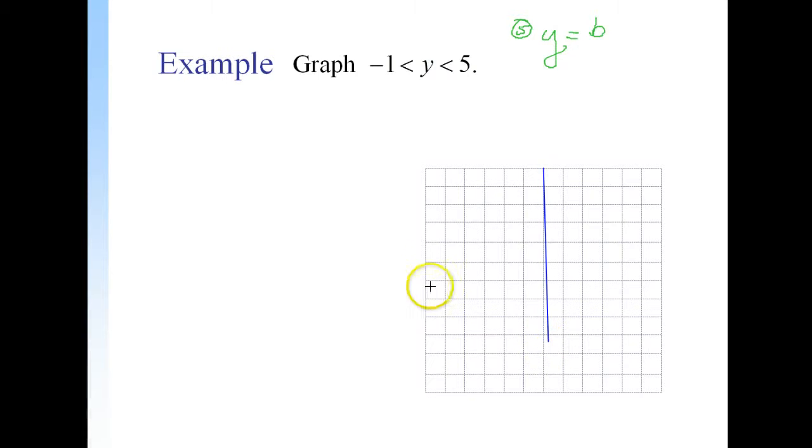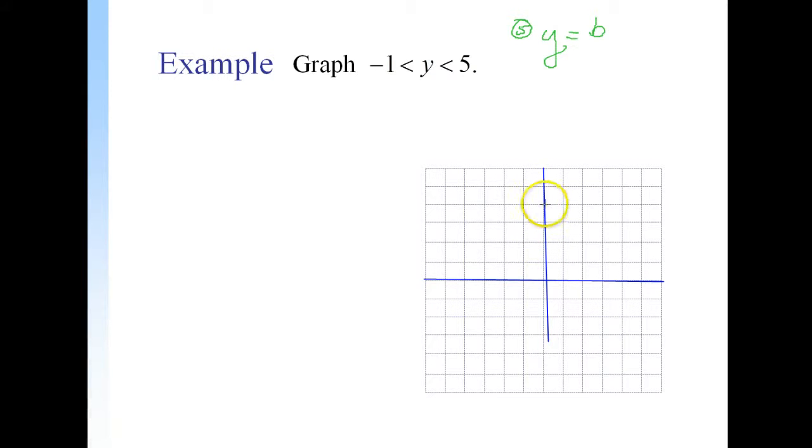So there's our y-axis. There's our x-axis. And we'll put in our two horizontal lines.